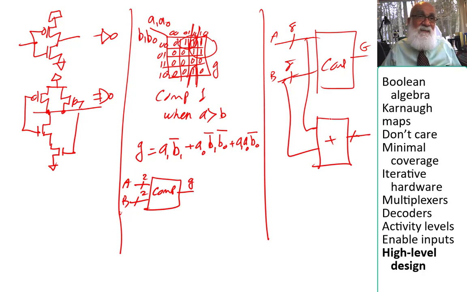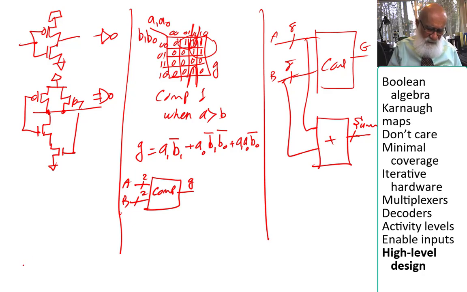If A is less than B, maybe I want to subtract them or something. I want to think at a higher level. So instead of needing gates, I need upper level components. I need comparators, I need adders, I need perhaps multipliers.